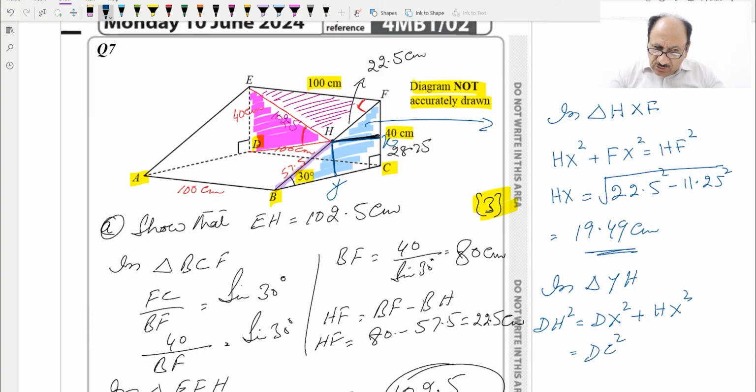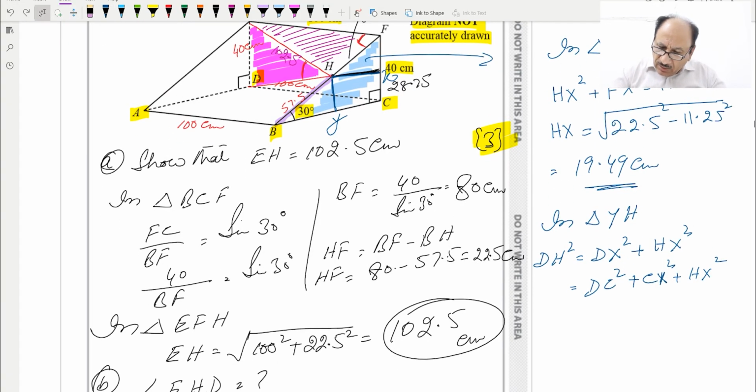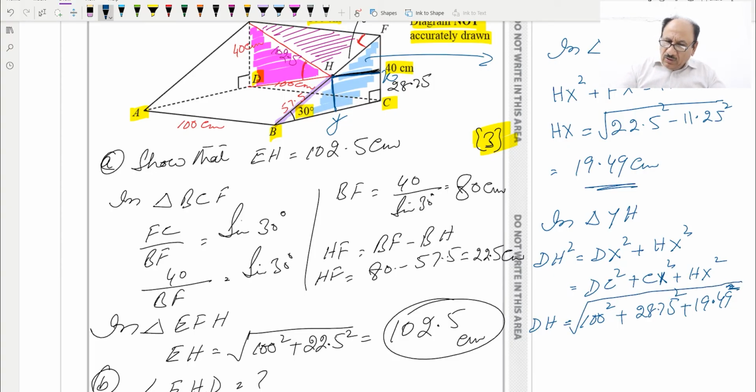DX square we have split into two portions, again by Pythagoras theorem, which is DC square plus CX square. So DH will be equal to the square root of DC square, which is 100 square, plus CX square, which is 28.75 square, which we just found, plus HX square, which is 19.49 square, and this will be under root because we are leaving the square of DH.